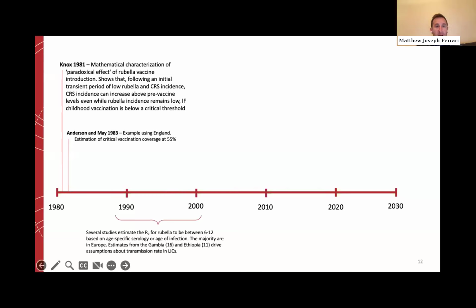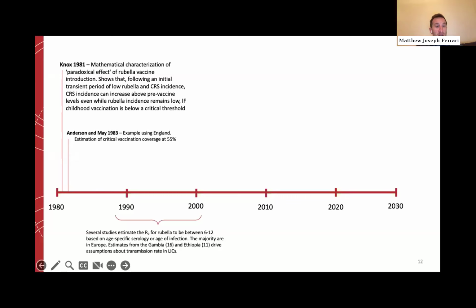Several studies were then done that estimated the underlying transmission rates for rubella. These were the basic reproduction rate of about 6 to 12. This was done based on age-specific serology or age of infection data that were available.